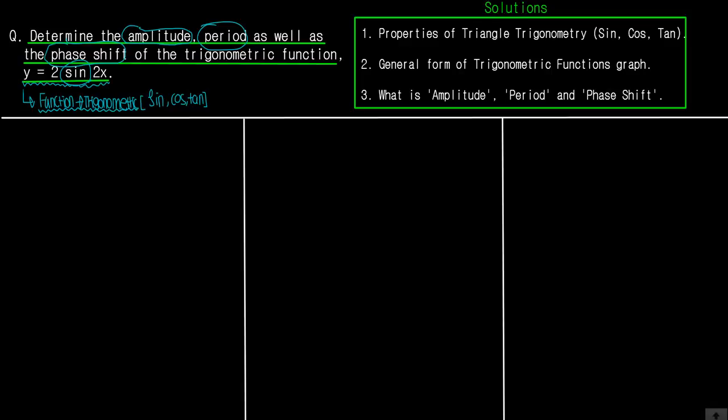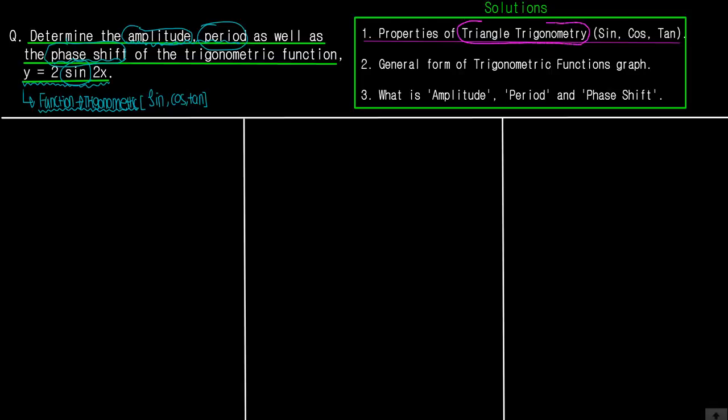But if you go into more detail, we need to solve for the amplitude, period, as well as the phase shift of our trigonometric function. So in order to solve this question, there are 3 things we need to know. The first thing will be the properties of triangle trigonometry.